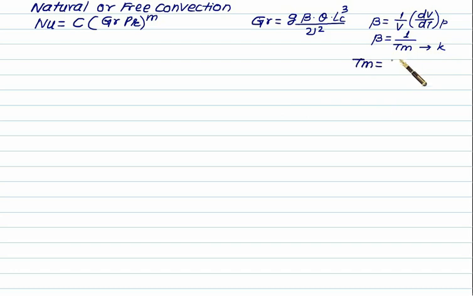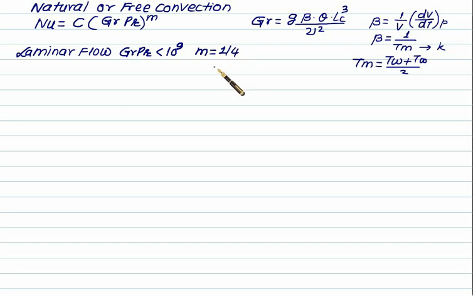The mean temperature is given as (Tw plus T infinity) divided by 2, but take care that it must be in Kelvin. For natural convection, laminar flow can be identified from the product of Gr Pr. If the product of Gr Pr is less than 10 to the power 9, it is called laminar flow. In that case, you have to select the value of m equal to 1 by 4.